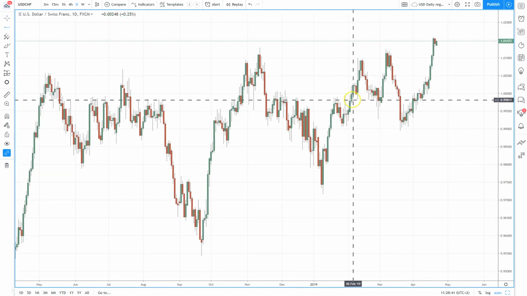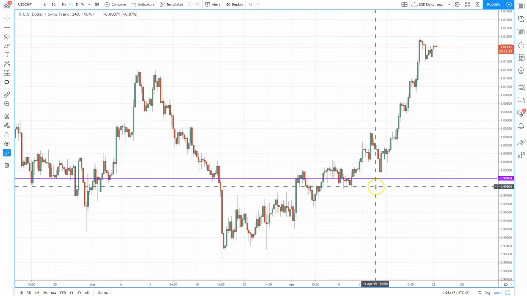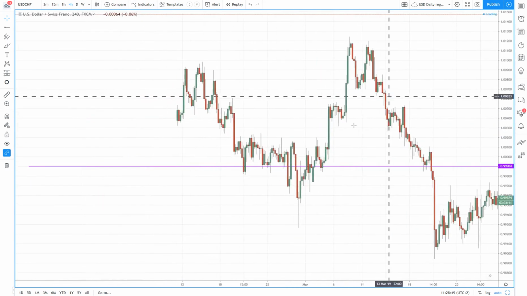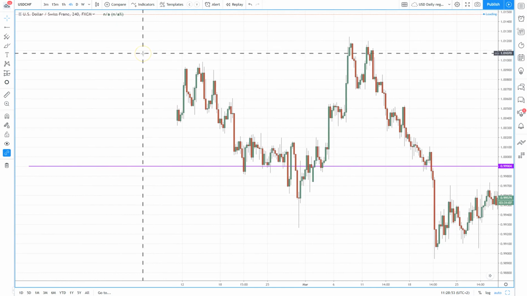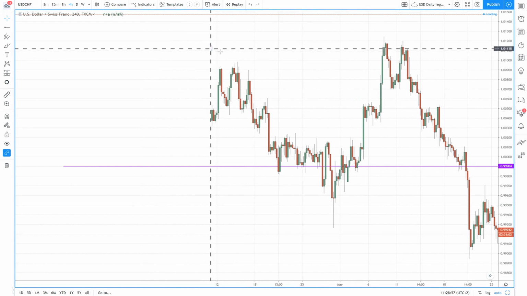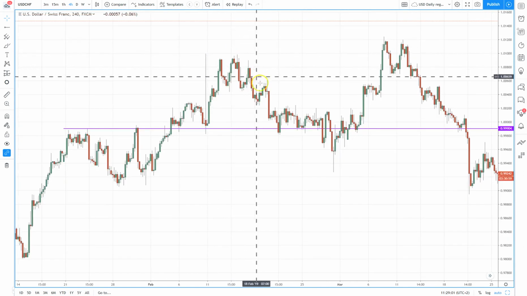So let me just do that here. Horizontal ray, that's our buyer's territory on the big boy on the daily, right? So going back to the 4 hours, our pullback should start from somewhere here if the data loads. It's a little bit slow, bear with me. Okay, there we go. So here we have our pullback.